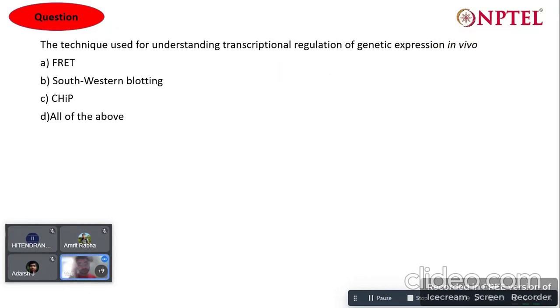Okay, any more guesses? So, it is the ChIP assay, that is chromatin immunoprecipitation. Sorry, ChIP will be the answer, not FRET. So this will be option C.